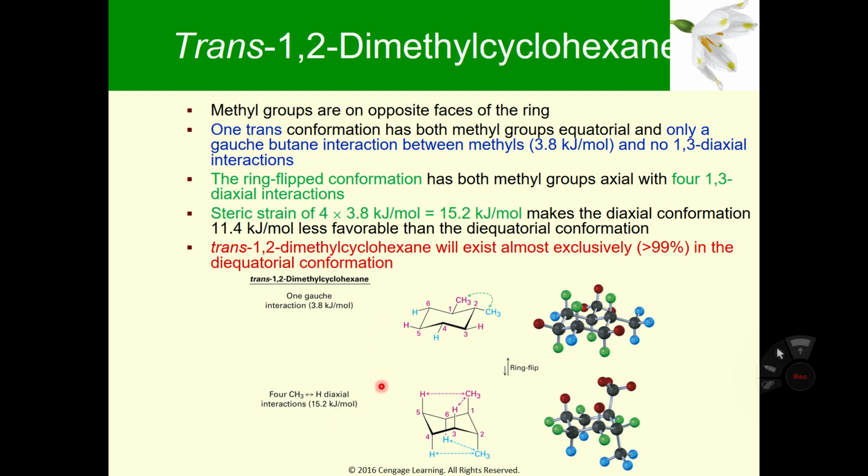There's a large energy difference between 3.8 and 15.2. So the population will be much more in favor of the conformer which has two CH3 groups in the equatorial position. This reflects the principle that larger substituents in a cyclohexane prefer to be in an equatorial position because they want to avoid energetically unfavorable 1,3-diaxial interactions.